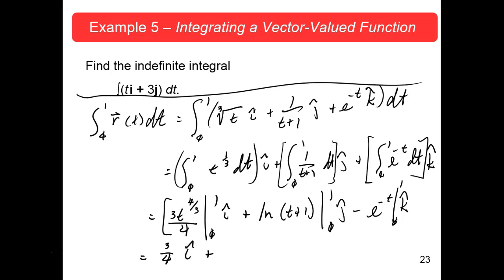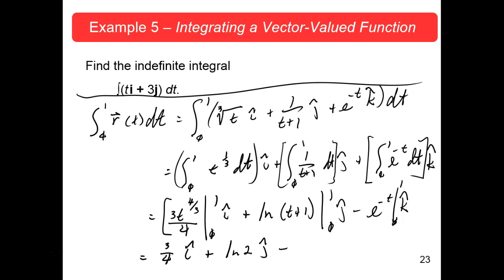Yeah, I think I heard something. Log of 2. Are you doing minus log of 1? That's what log of 1 is. 0. So that's just log 2 j. Okay. Next.